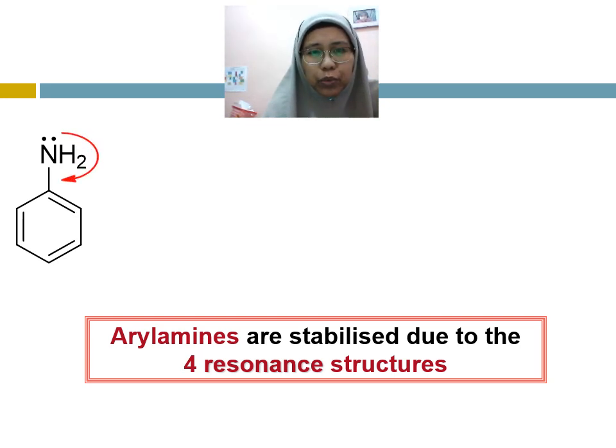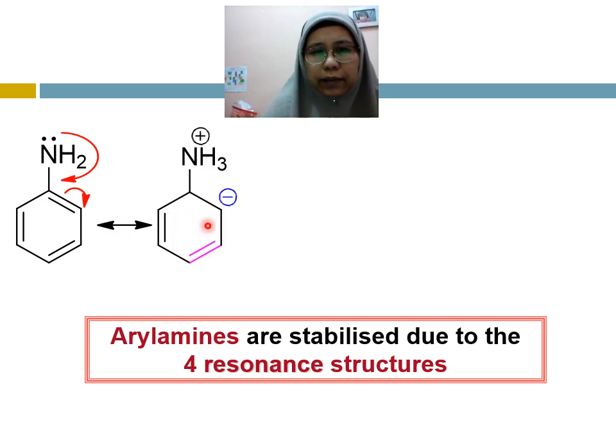Okay, this is the first one. As you can see, the electron lone pair will move into the ring, and the double bond inside the ring will move to the next carbon, like this.